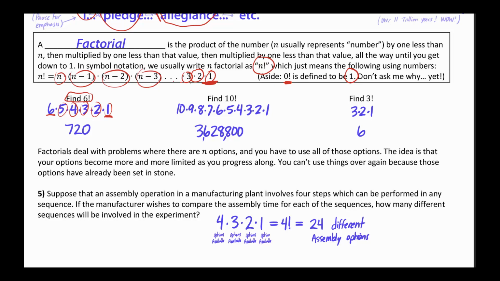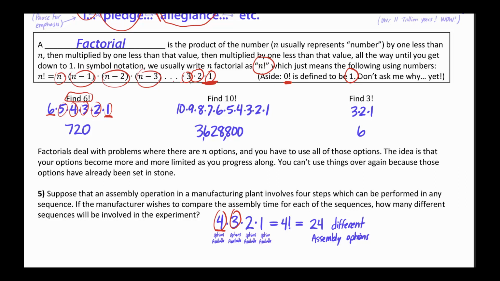Suppose that an assembly operation in a manufacturing plant involves 4 steps, which can be performed in any sequence. It doesn't matter. If the manufacturer wishes to compare the assembly times for each of those sequences, how many different sequences will be involved in the experiment? So for this first position, I could choose any of the 4 total options. But once I put 1 in place right here, I am not going to have 4 options anymore. In this next position, I only have 3.